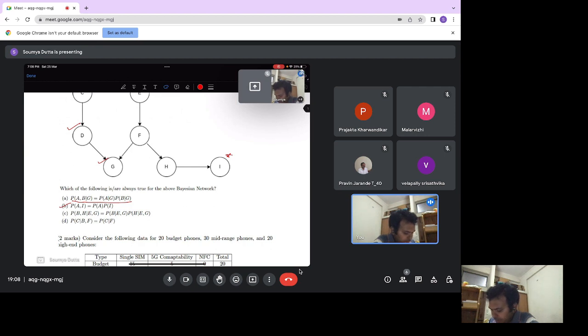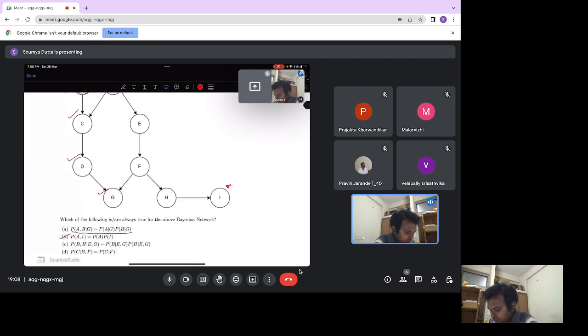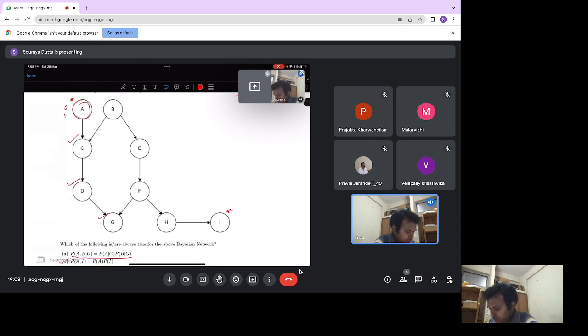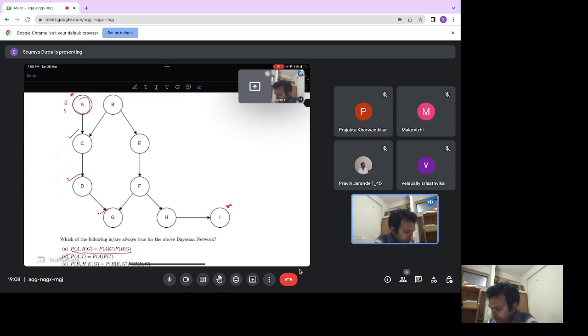Then comes B comma H given E comma G, where you have been asked to say whether they are independent of each other. So E comma G is given to you, and does that mean that B and H are independent of each other?